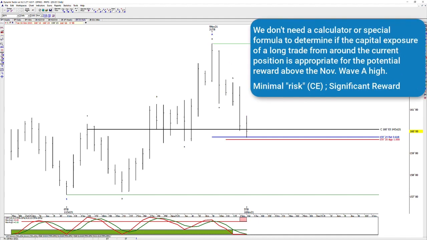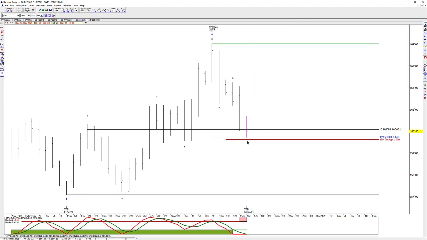We can just look at this and say, well, there's quite a bit of room potentially on the upside if indeed bonds are making a corrective low. So if I'm able to enter with a relatively close stop, acceptable capital exposure, that's a really high reward to risk.